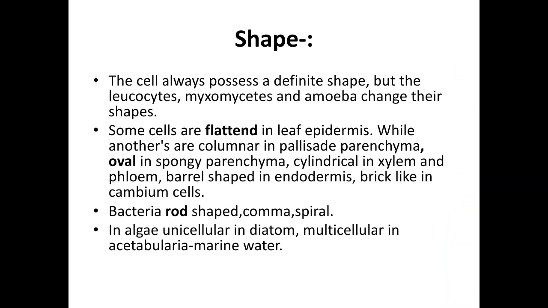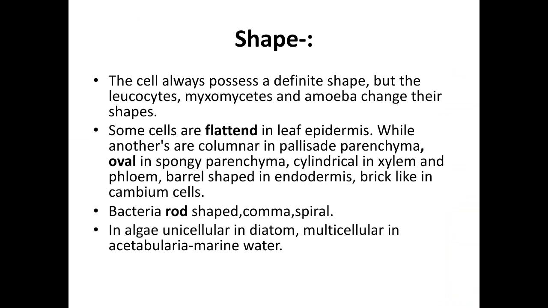The next point within this, shape. The cell always possesses a definite shape, but leukocytes, myxomycetes from fungi, and amoeba change their shape. Some cells are flattened in leaf epidermis, while others are columnar in palisade parenchyma cells, and some cells are oval in spongy parenchyma cells, and cylindrical in xylem and phloem of the root or stem of the plant body.